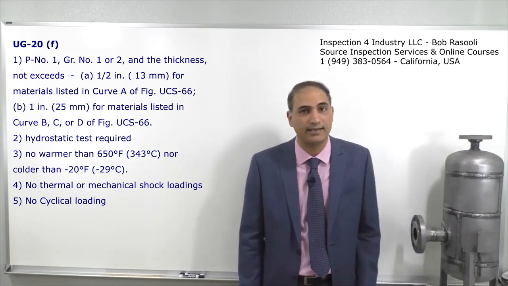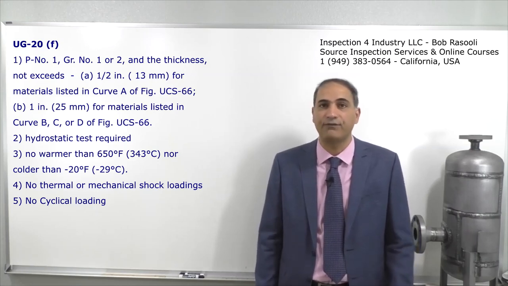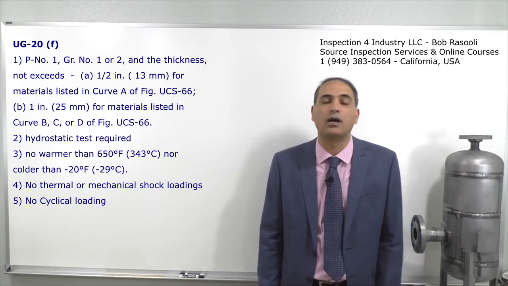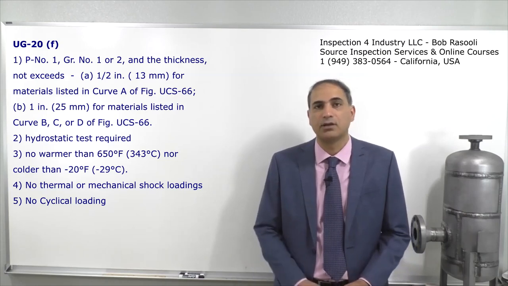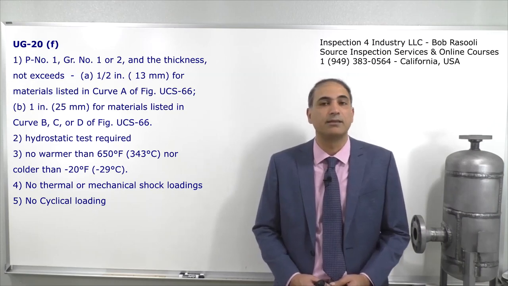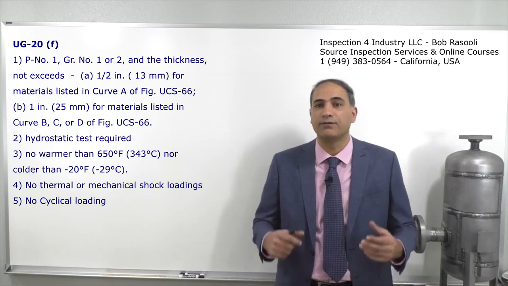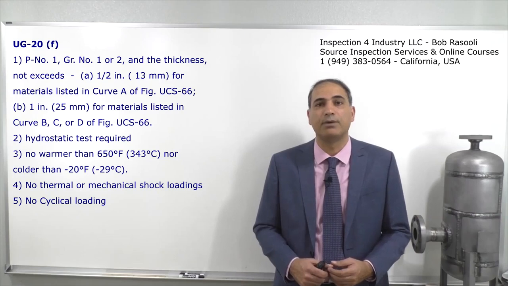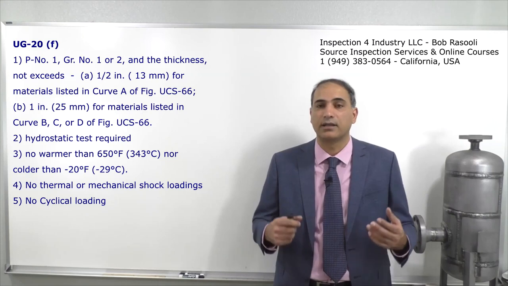So no more assessment. If you are in curve A and your material thickness is ½ inch, you're exempted. And if you are in curve B, C, D and your material thickness is 1 inch, then you are exempted. So you know the SA516 grade 70 is P number 1, group number 2, and is classified on curve D. But grades 60 and 65 are on a different curve.